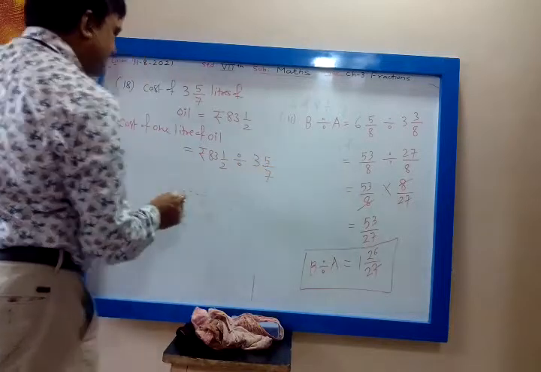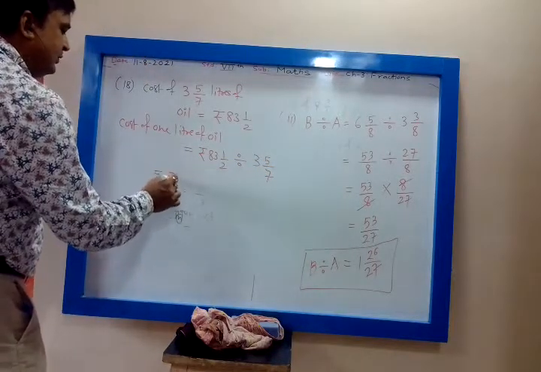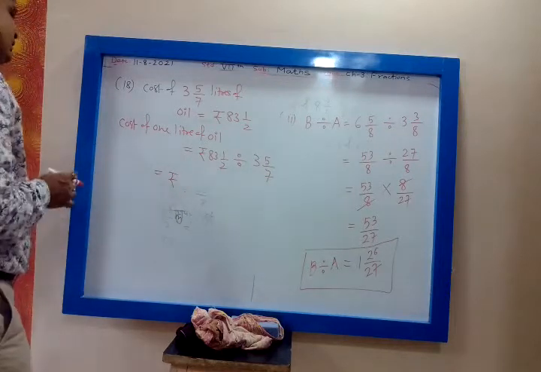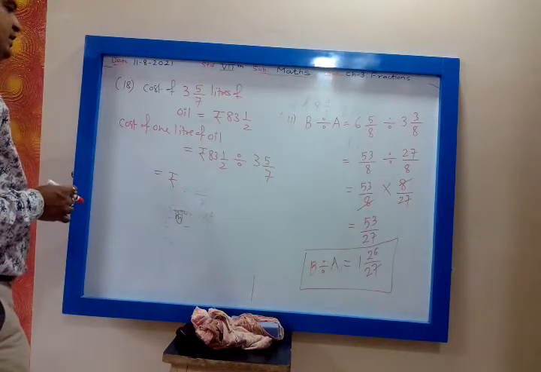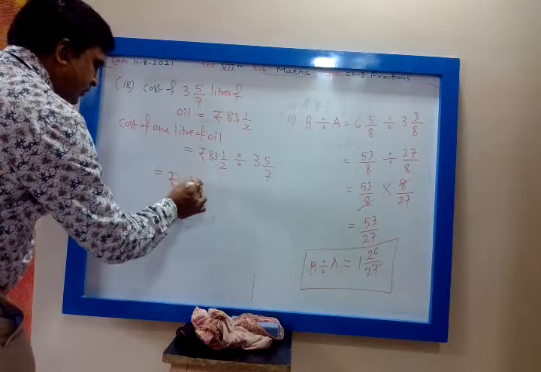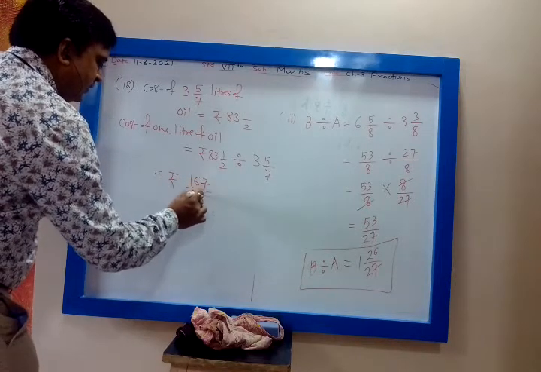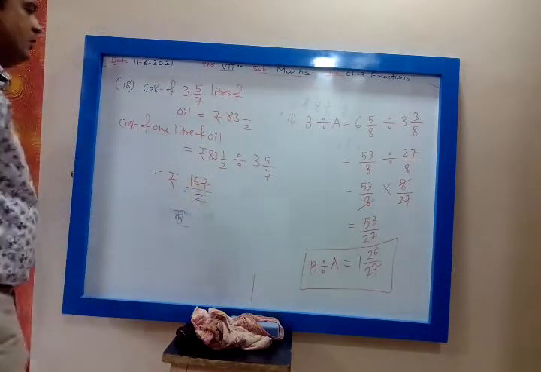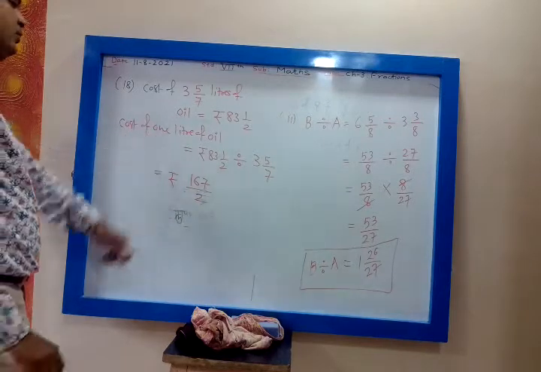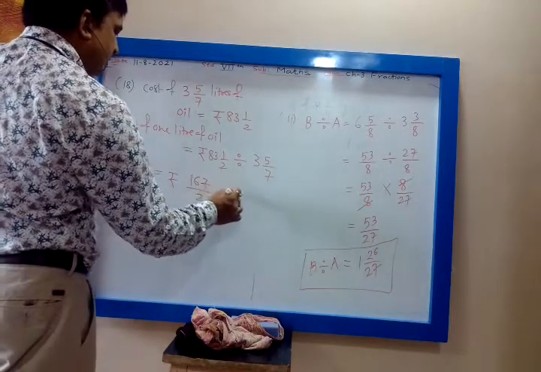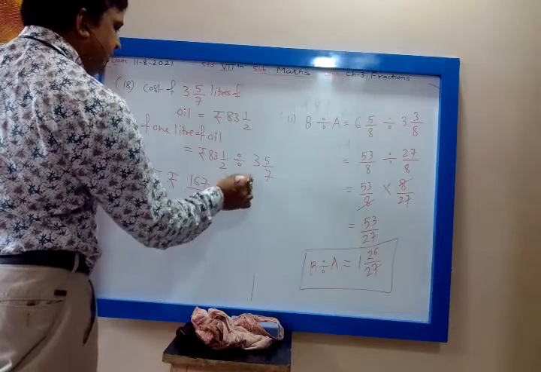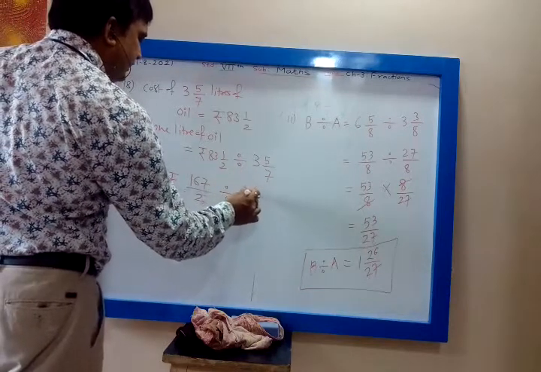So 83 1/2 as a mixed fraction: 83 times 2 is 166, plus 1, 167. So 167 upon 2, then divide by 26/7.